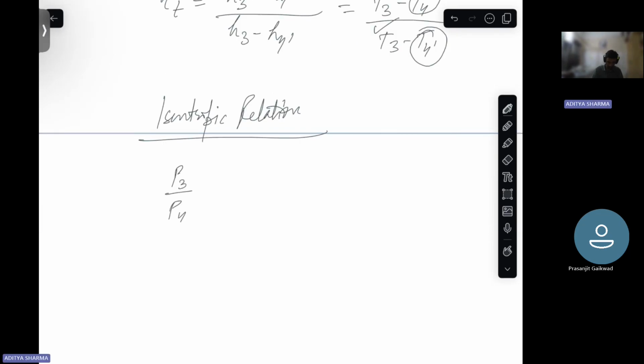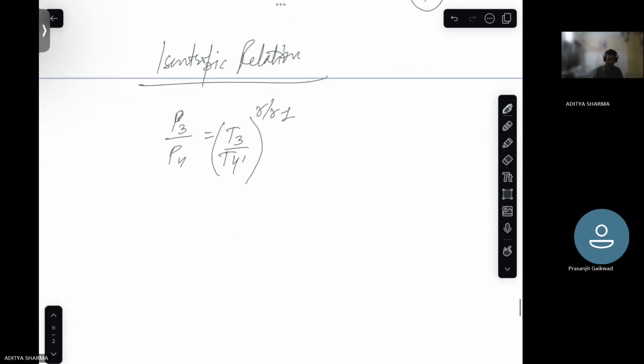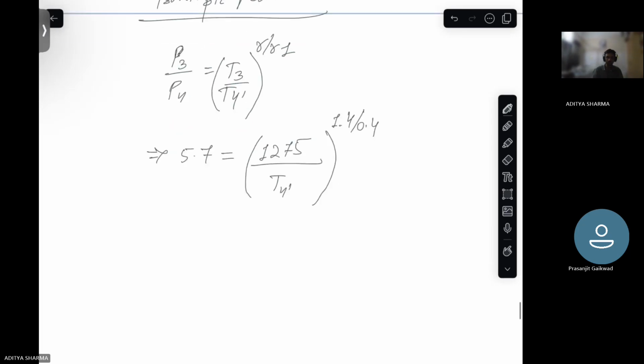P3 by P4 is equal to T3 by T4 dash raised to gamma by gamma minus 1, which implies this.